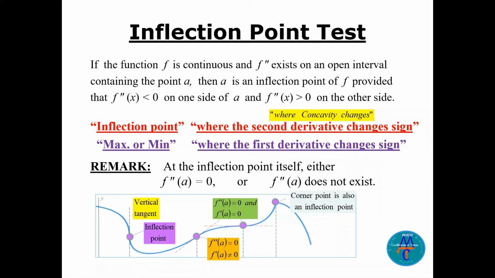Now this is the inflection point test. How do we test the inflection point? If we have a function f continuous and f double prime exists, so we can find the second derivative on an open interval containing the point A. Then A is an inflection point of f, provided that f double prime is less than 0, which means negative, on one side of A, and f double prime is greater than 0, which is positive, on the other side.